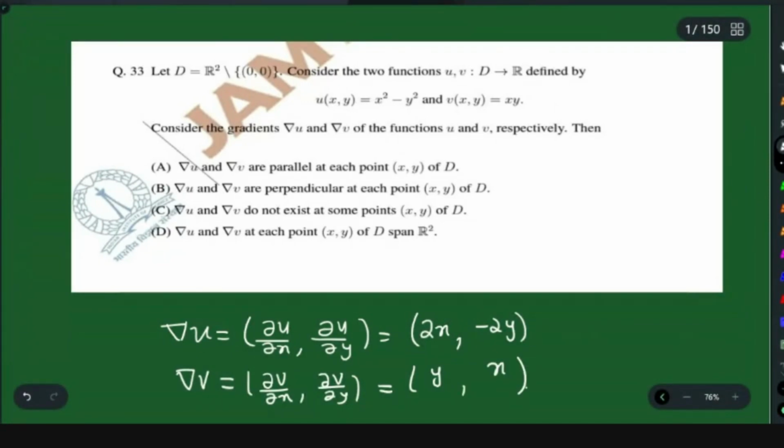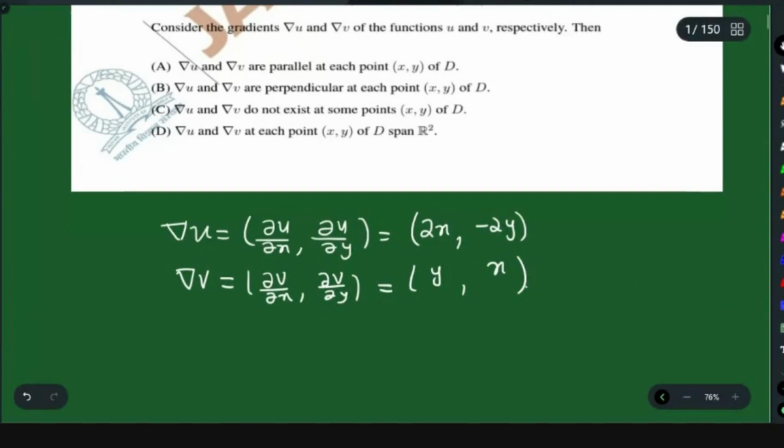Now you can just check whether these are parallel or perpendicular. Perpendicular means their dot product should be 0, right? Two vectors are perpendicular means their dot product has to be 0. Parallel means one should be a multiple of the other, right?